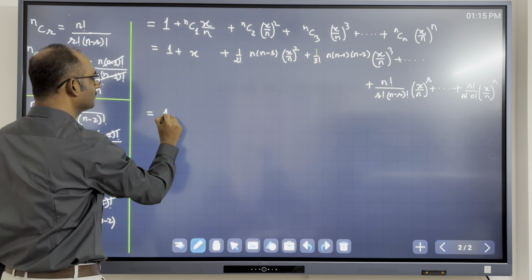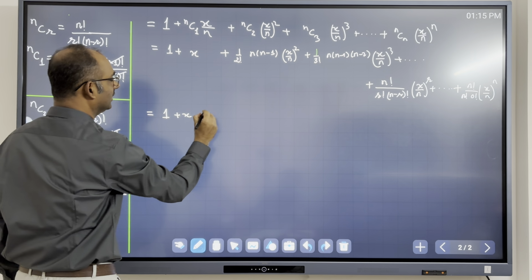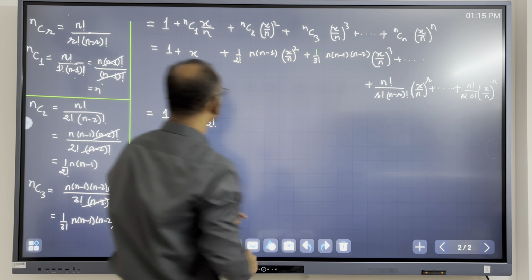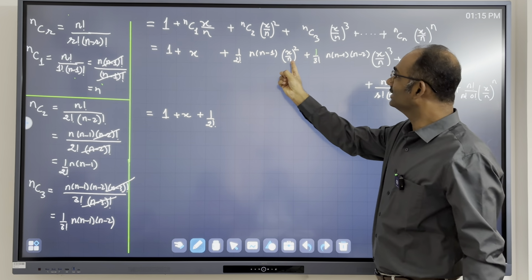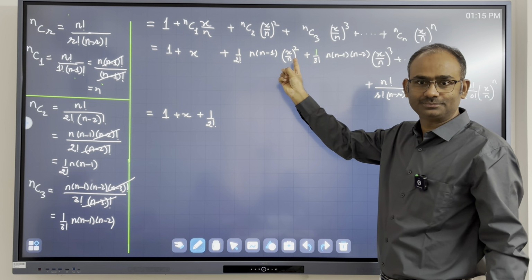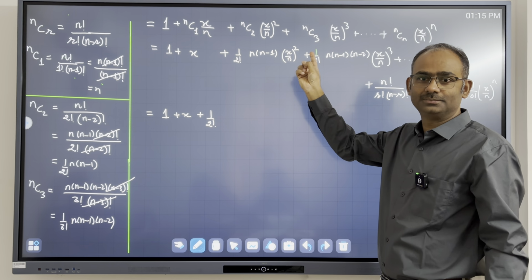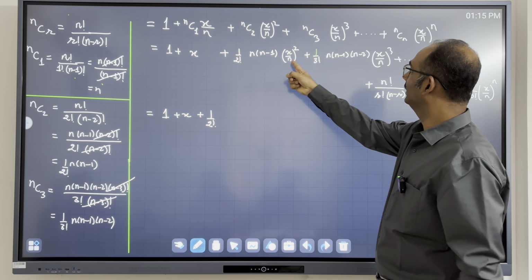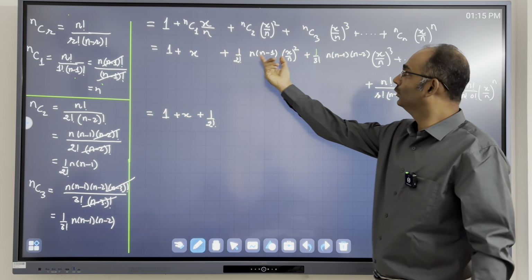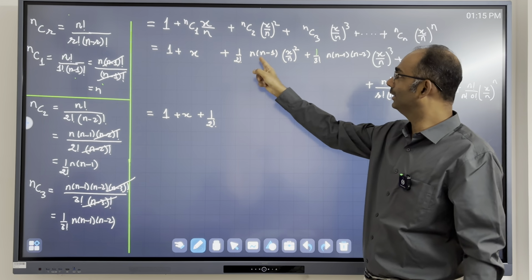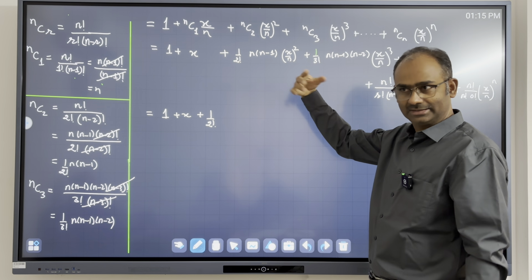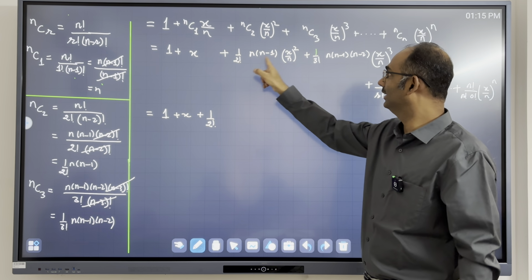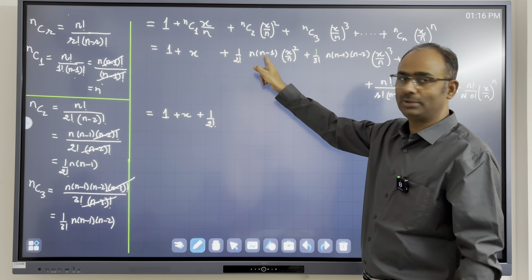Okay, look here. This is n square in the denominator. You have 2 factors here. I will divide each factor by n, so that way I take care of n square. 1 n I put below this, 1 n I put below this.